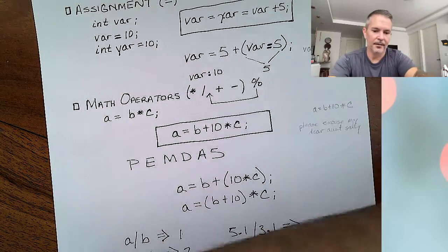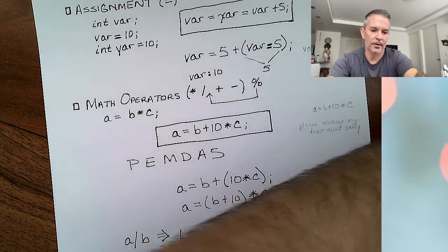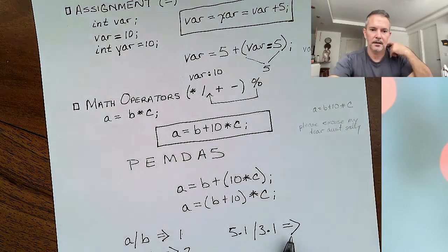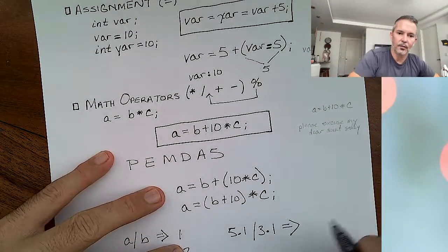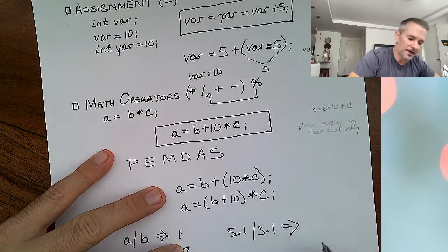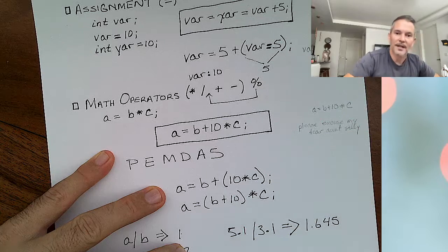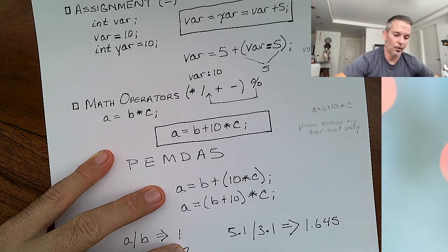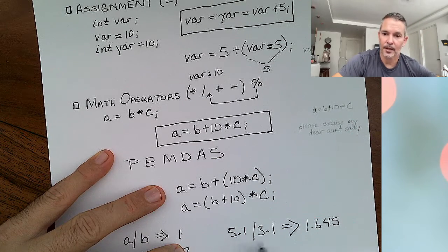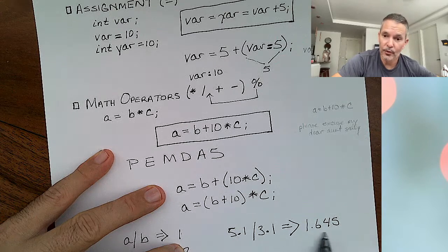Let me just do that math really quick on my computer because I don't know it off the top of my head. All right, so this is roughly 1.645. So if you're operating on floating point numbers or a floating point variable, the computer will compute what you would expect, a number with a fractional part.